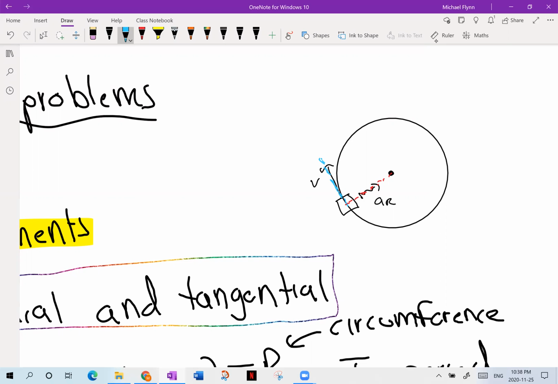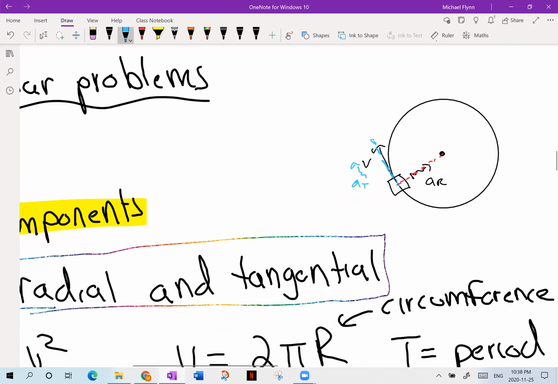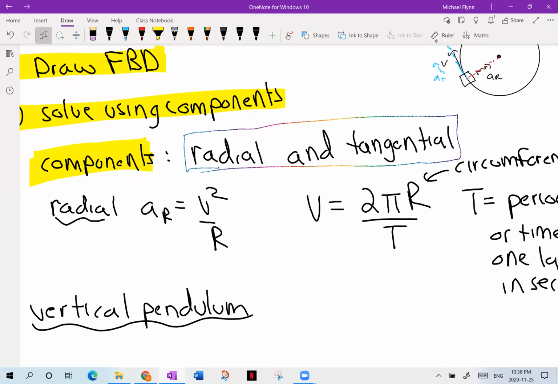Now, by the way, if you're speeding up as you're going along through the circle here, you could also have tangential acceleration, okay? So there can be two accelerations in the problem. All right, now, here's our tips. We'll continue on. You're going to use v squared over r for radial acceleration.